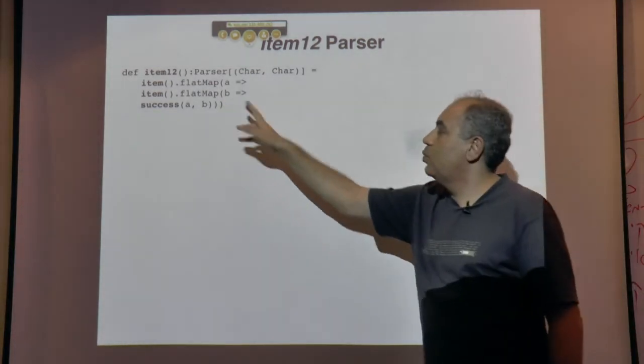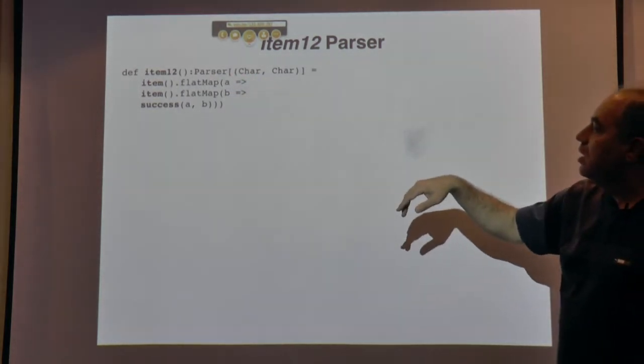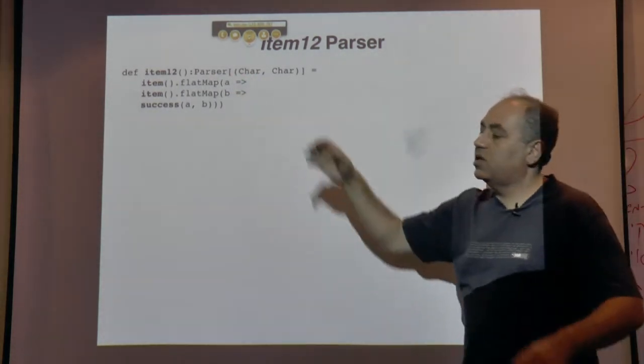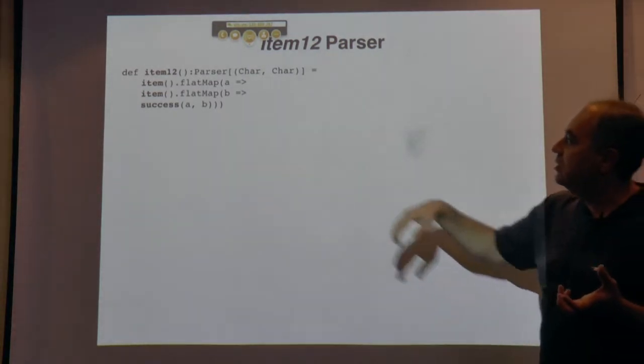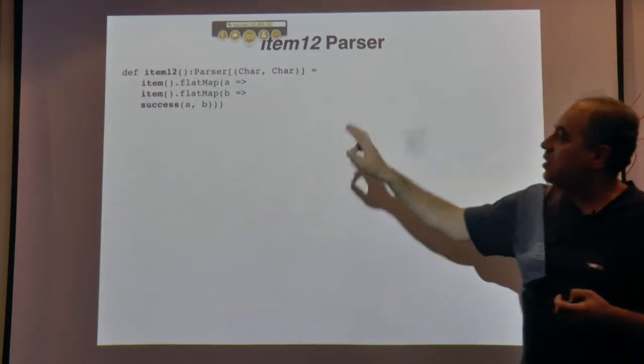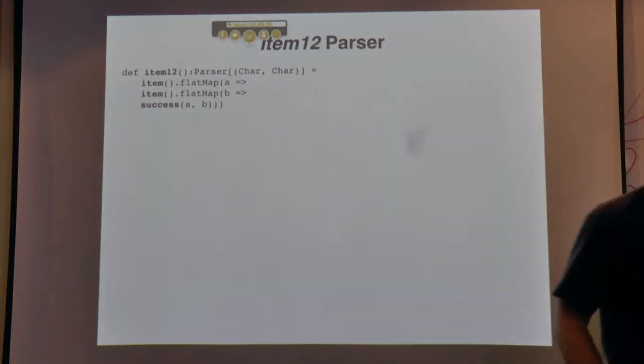This function, item12, returns a new parser which consumes the first and the second character of the input, and it's implemented this way with our item parser and the success parser.